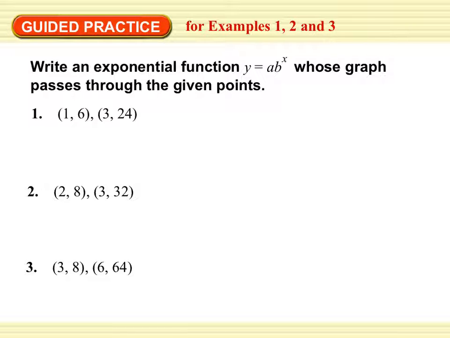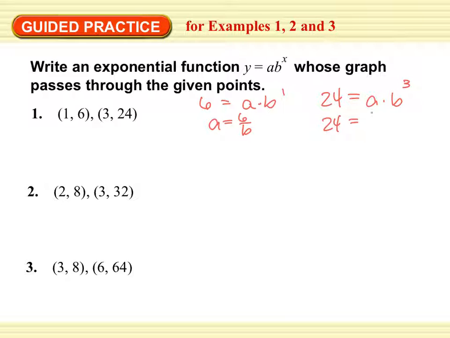But if you remember, we're going to grab both these points. 6 equals a times b to the 1, and 24 equals a times b to the 3rd power. So let's take one of these and solve for a. I'm going to say a equals 6 over b and plug it into this one.